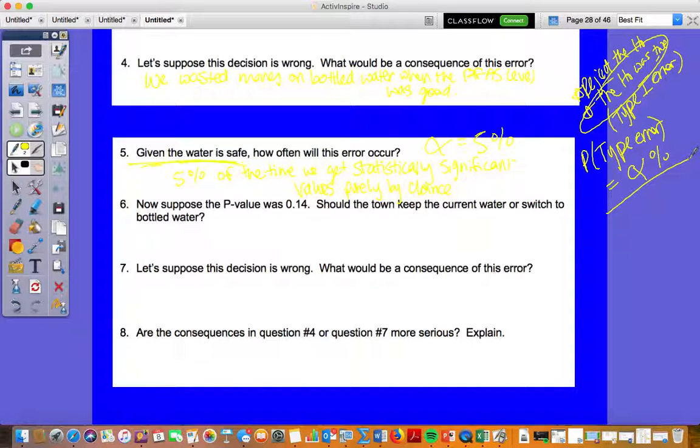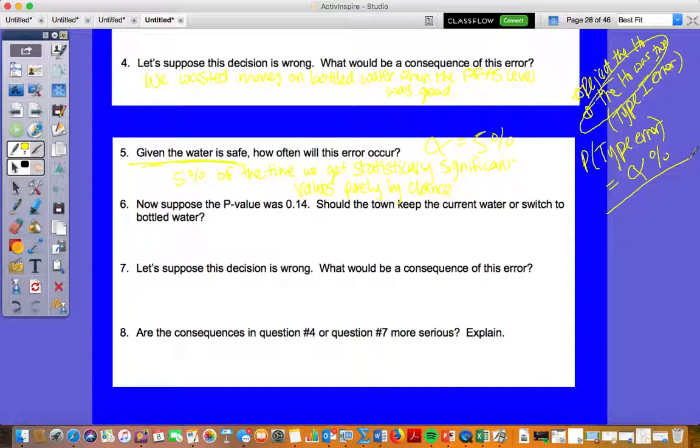Okay. Does that make sense? So alpha only relates to type 1 error. Alpha percent level only relates to the probability of type 1 error. Exactly. Type 2 is different. So the probability that I reject the null, but the null is true, is 5%, or whatever my alpha level is. Does that make sense?